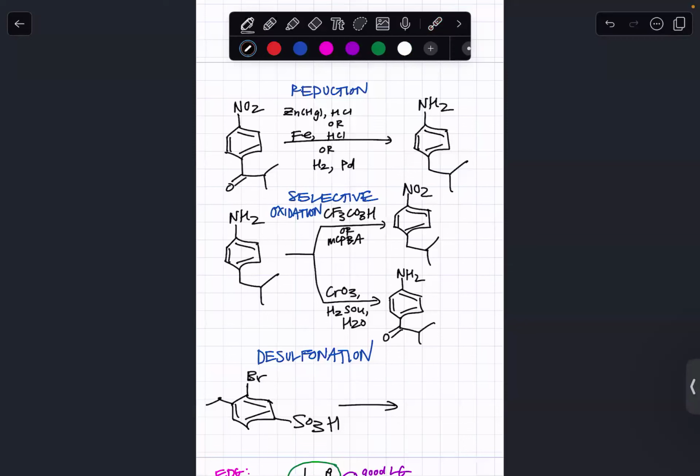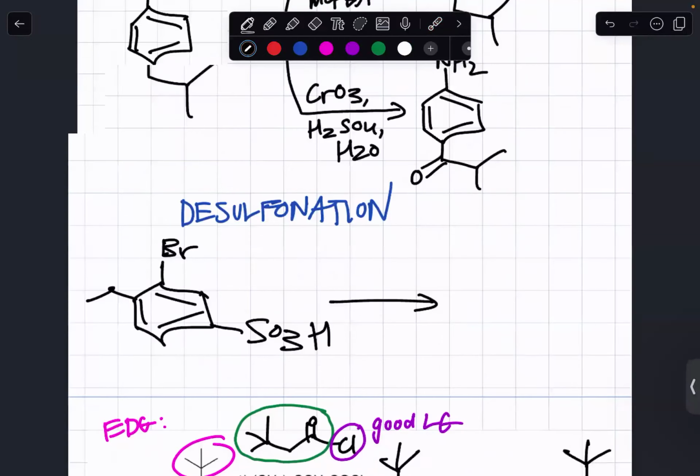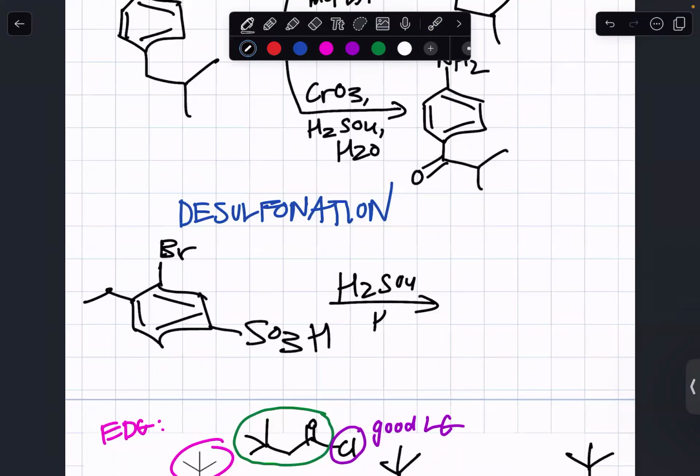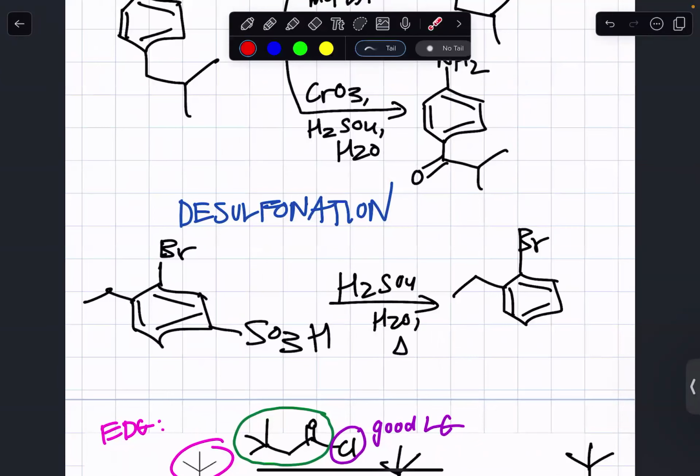H2SO4, H2O, and heat. Nice. Yep. And this is a major synthesis reaction, right? This is a major reaction to use in synthesis because this will block off the para position. Yep. NaOH works with water and heat as well. So acid or base with water and heat would get rid of the SO3H.